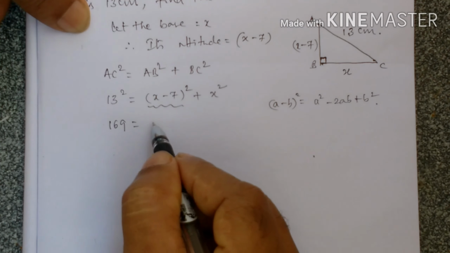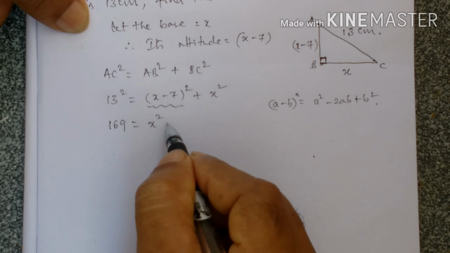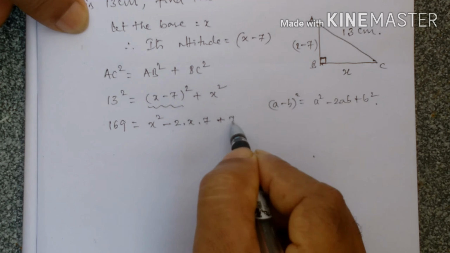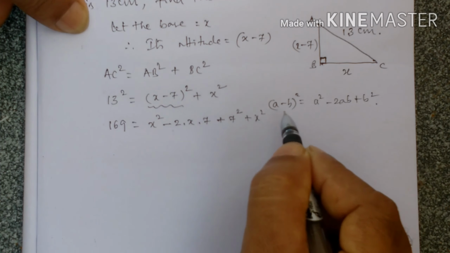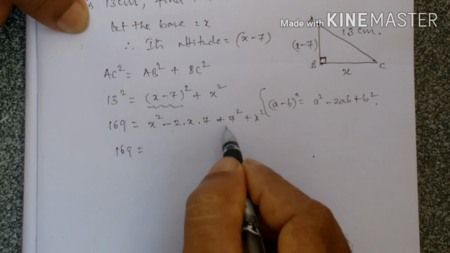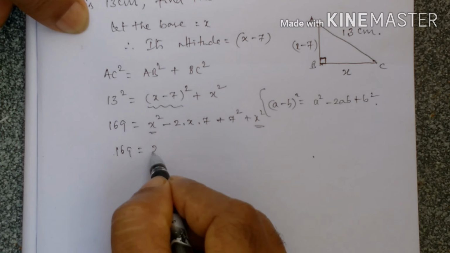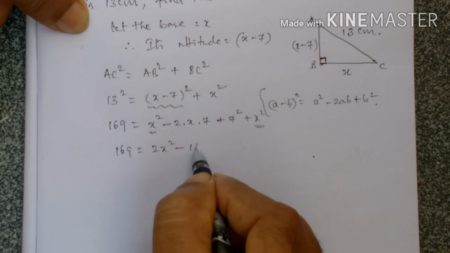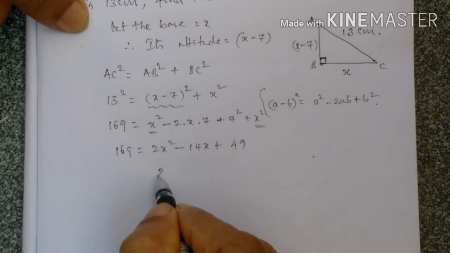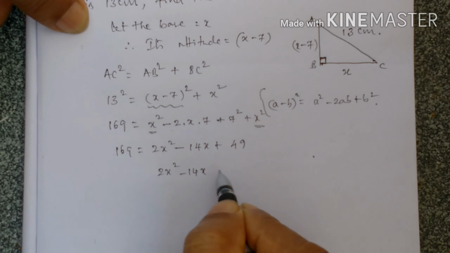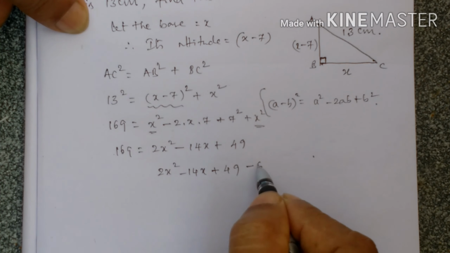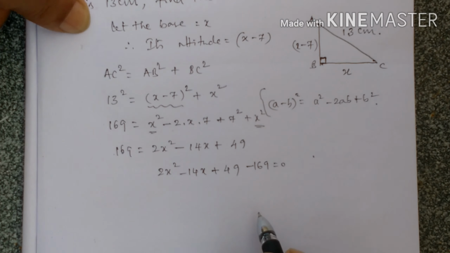So by applying that relation we get x square minus 2 times x into 7 plus 7 square, plus x square remains as it is. So 169 is equal to x square plus x square, that is 2x square, minus 14x plus 49, that is 7 square. 2x square minus 14x plus 49 I have written as it is, and this 169 I shifted to the RHS, that becomes minus 169.